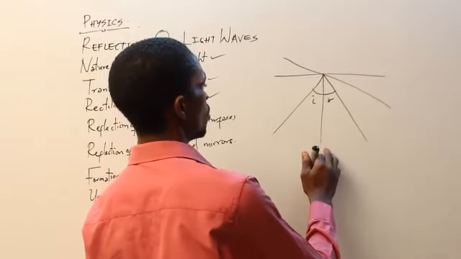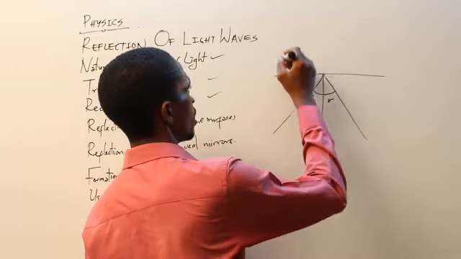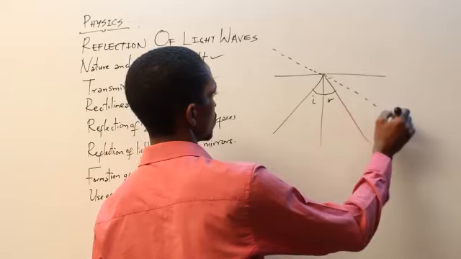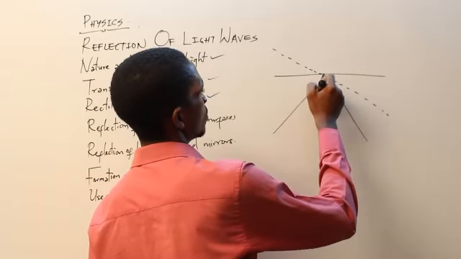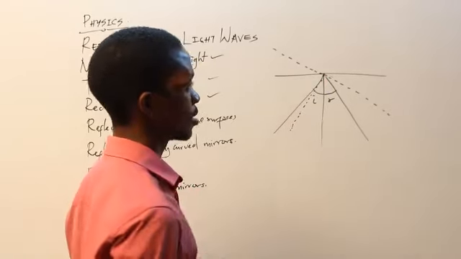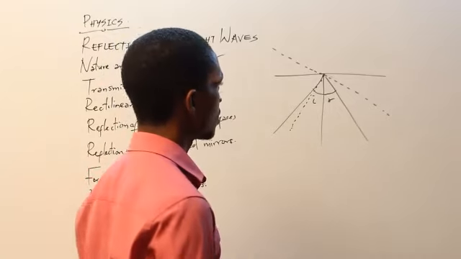Now the mirror will develop a new normal. That's the first thing that will happen. And that new normal would be, let's take it as that. I'm using dotted lines to show the new appearance.